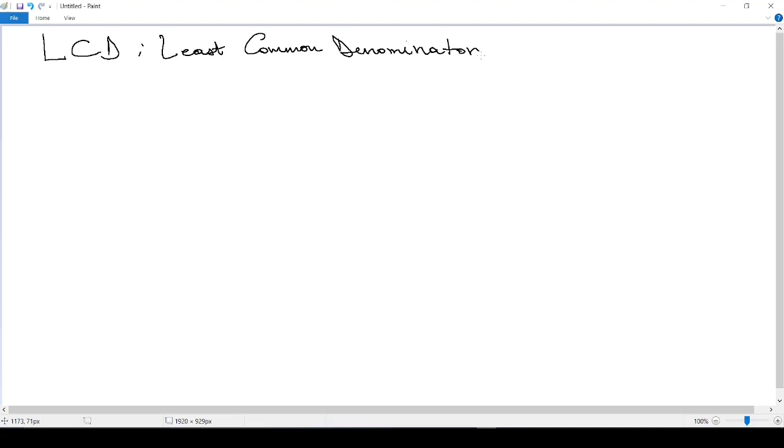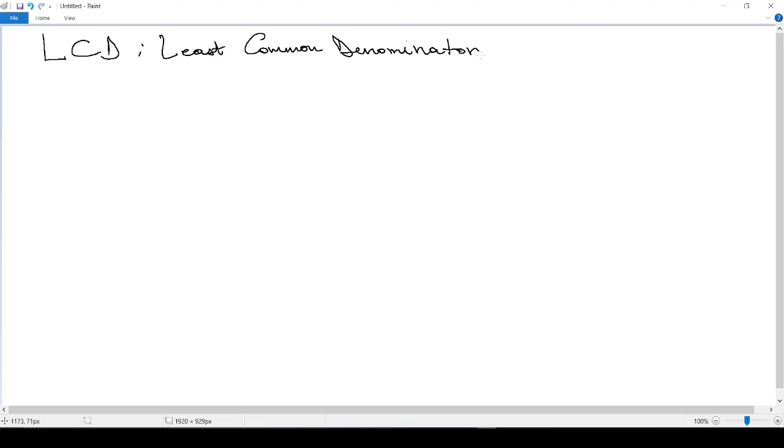Also, at the end, we reduced our results to the lowest terms. So here, in order to add or subtract fractions so that their sum or difference is in the lowest terms, we use the LCM of their denominators.